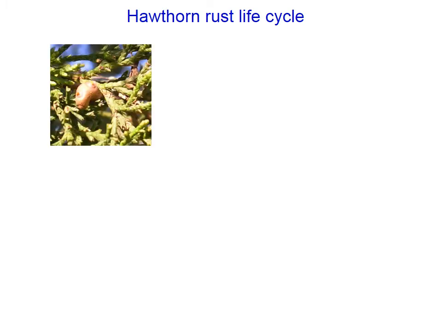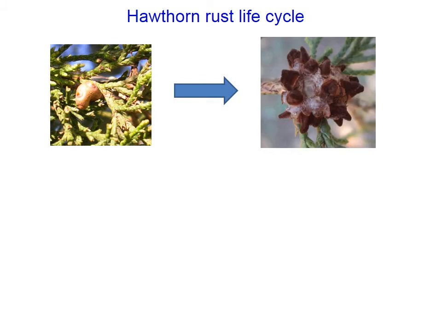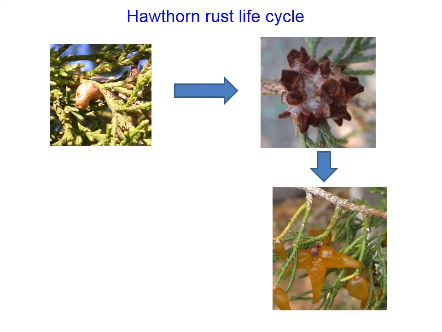So we're going to go through the life cycle of this disease, and it's similar to the cedar apple rust. We'll start with these galls, and you can see that they're smaller, and they're not necessarily round like a typical cedar apple rust gall would be. In the spring we get that initial swelling with those telial horns just starting to come out. Here they are pretty fully expanded. Those are going to produce those teliospores again.